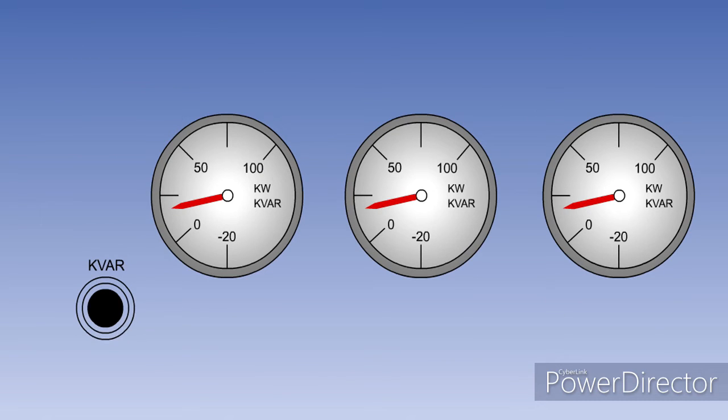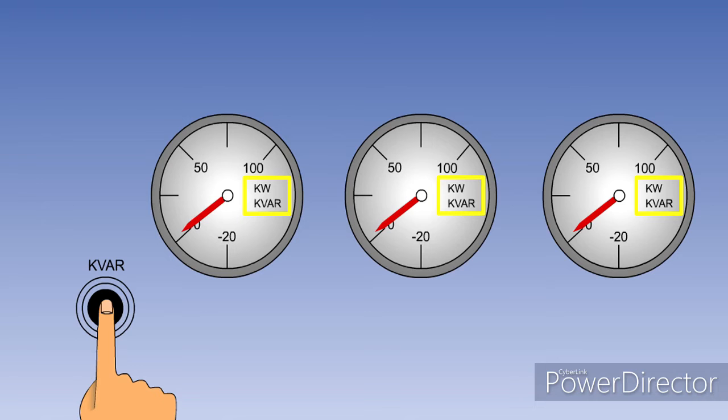Load meters are used in parallel generator systems to indicate the generator real or true power and reactive power output. There is normally 1 meter for each generator. Typically, the system is configured so that the real power in kilowatts, or kW, is normally displayed.